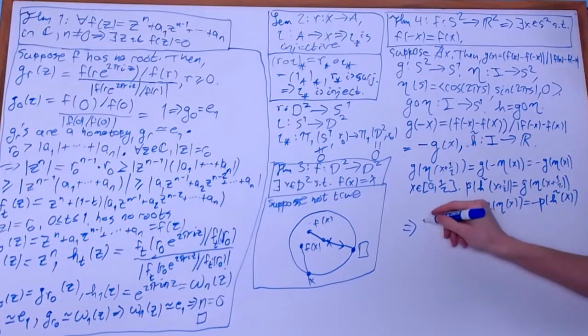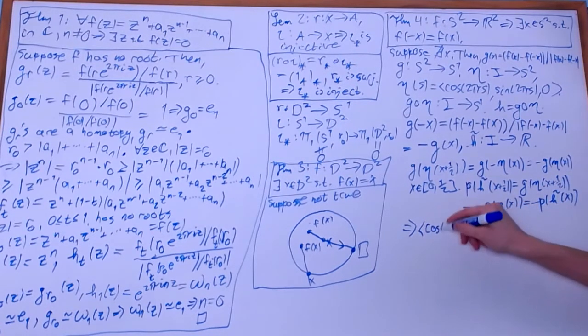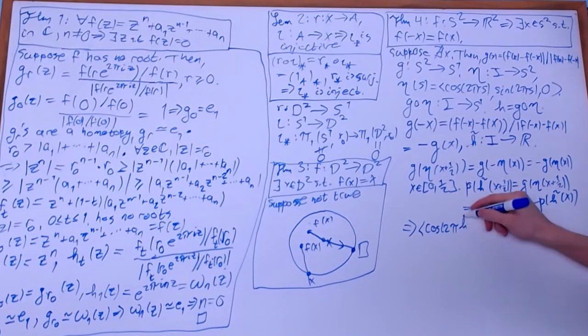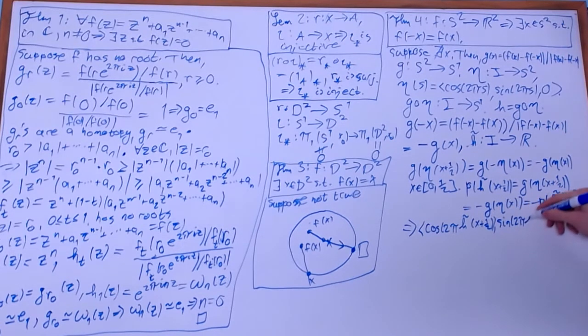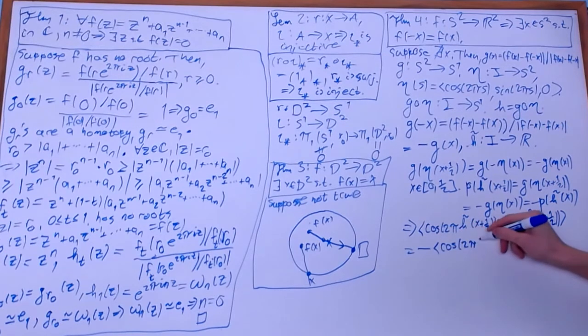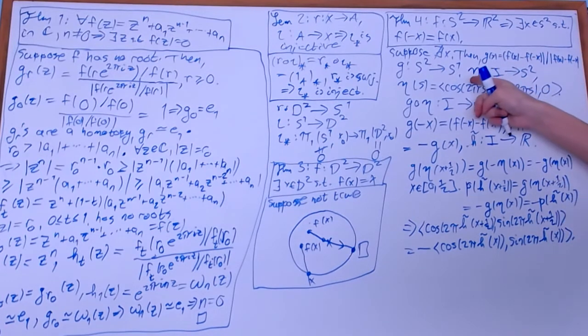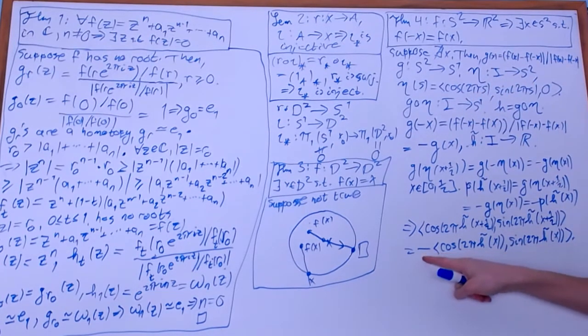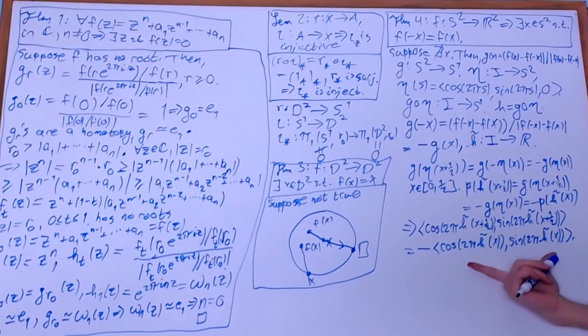Or, in other words, cosine of 2 pi h tilde of (x plus 1/2), comma, sine of 2 pi h tilde of (x plus 1/2), has to be equal to negative cosine of 2 pi h tilde of x, negative sine of 2 pi h tilde of x. But from the previous one, from eta, we know how to get the negative from this type of function.